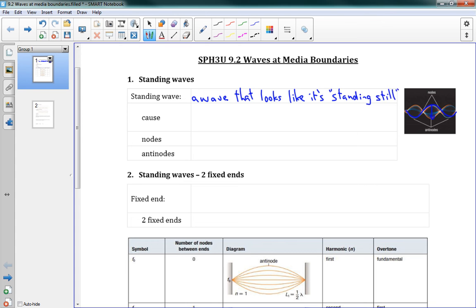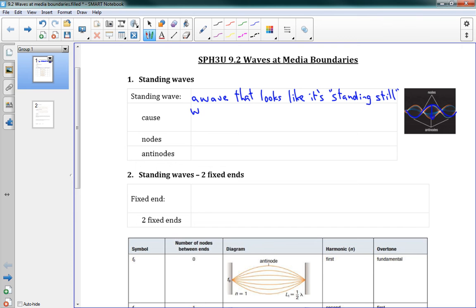So it's at a constant position on the string, and it's just going up and down. Now that's not actually what's happening. There's actually some funny stuff going on where the waves are bouncing left and right along the string, and there's a whole bunch of waves, and they're all interfering with each other, and they cause this end result. So that's the cause here.